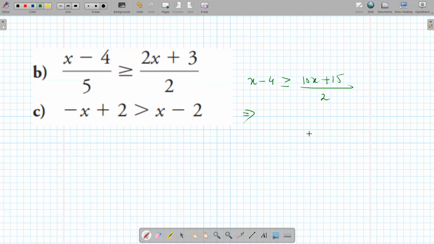Yes. So you'll get 2x minus 8 on the other side. Now notice how the like terms are not on the same side, so you need to move things around a bit. Could you add 8? Yeah. 15 plus 8 is 23.